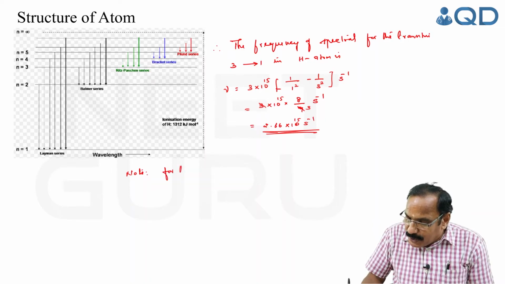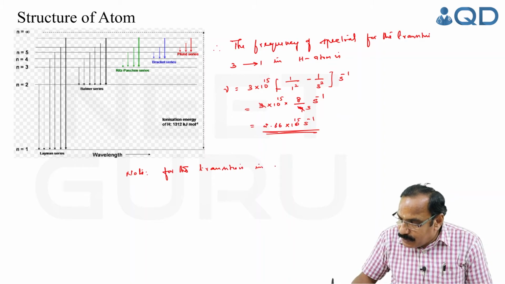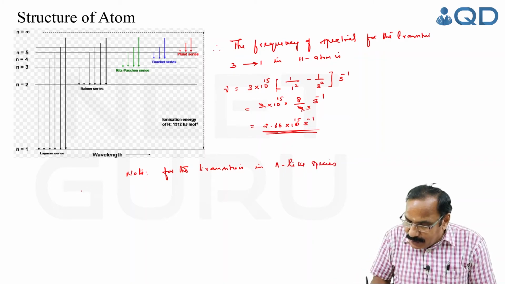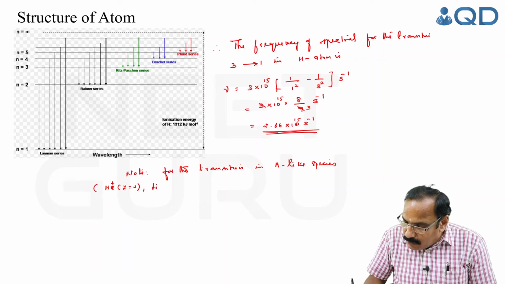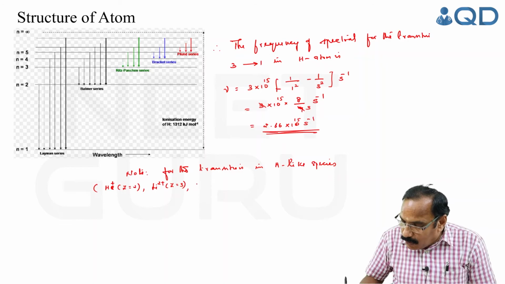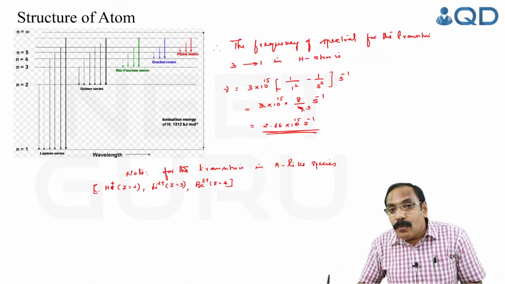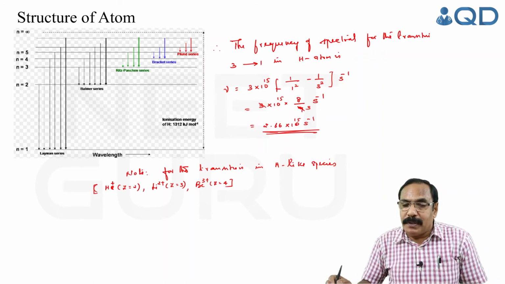For the same transition in hydrogen-like species, that is helium plus with atomic number 2, or lithium 2 plus with atomic number 3, or beryllium 3 plus with atomic number 4, we have to include Z square in the Rydberg formula.